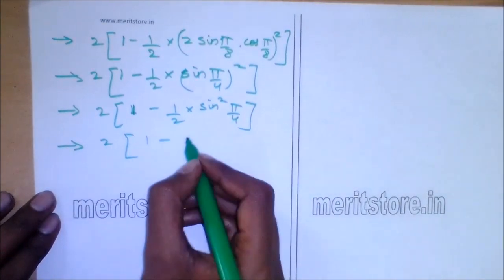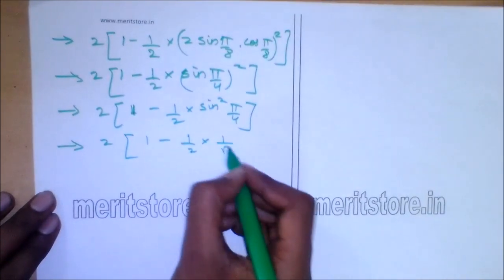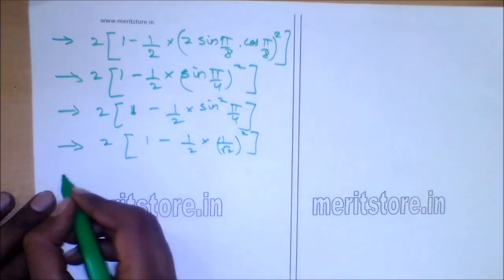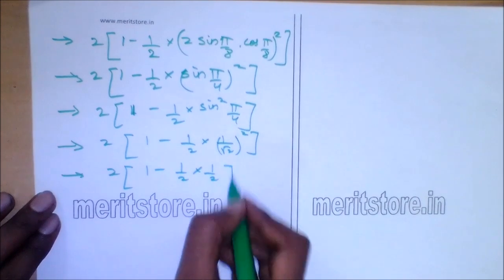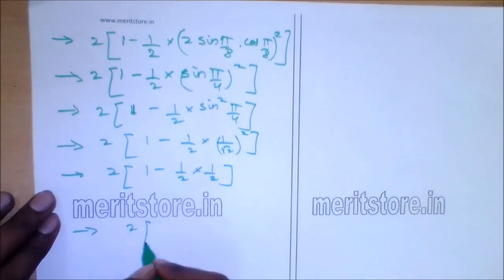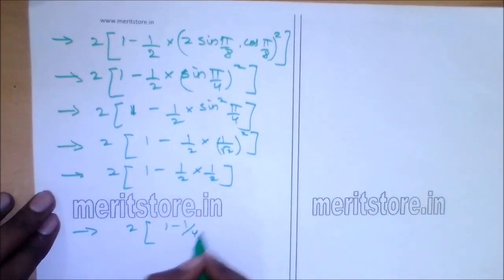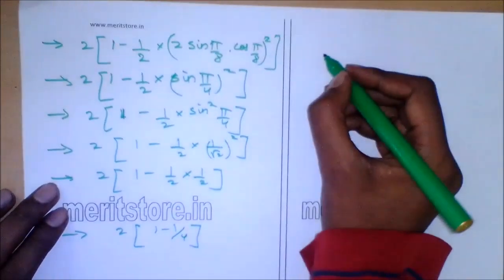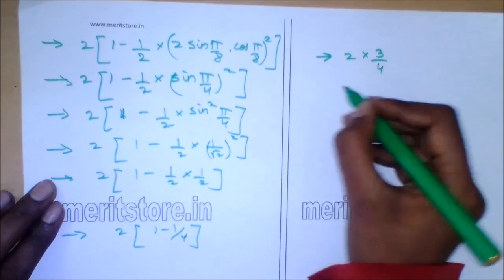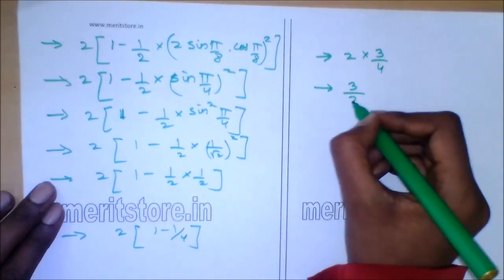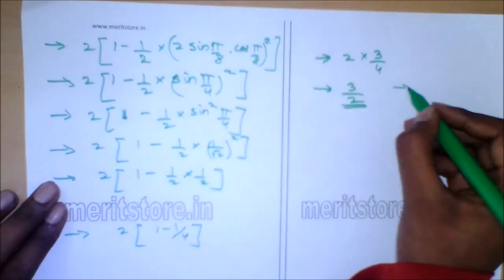So this is 1 minus half into 1 by root 2 square, that is 2 into 1 minus half into half, that is 2 into 1 minus 1 by 4, that is 2 into 3 by 4, which is equal to 3 by 2, which is option C.